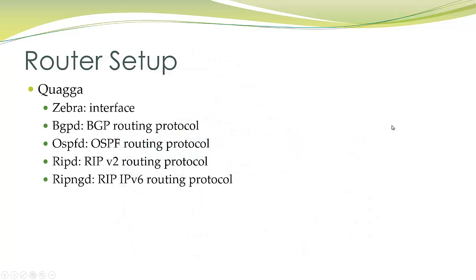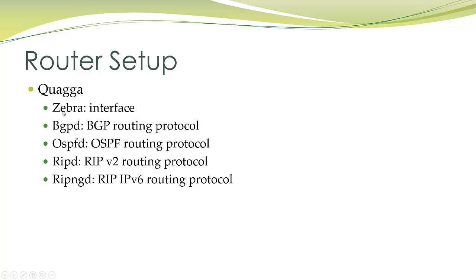Okay, the first and foremost thing is to set up a router. We didn't use any actual hardware routers. We use software routers on virtual machines. The software router we installed is called Quagga. Quagga consists of several core daemons, which we usually call services on Windows platforms, but we call daemons on Linux.